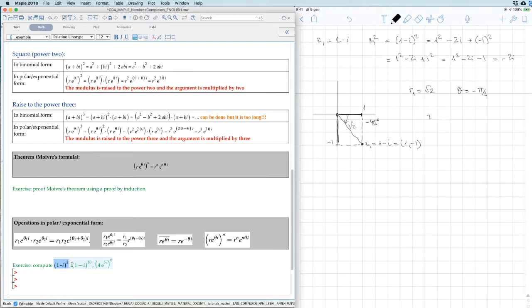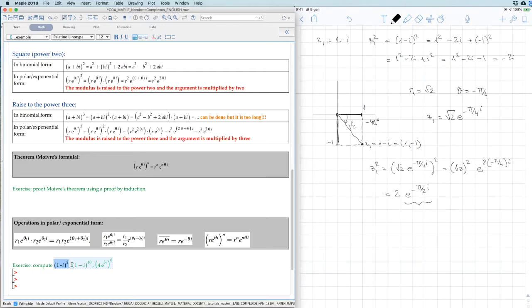So z1 is going to be square root of 2 e to the power minus pi over 4 i. Once we know this, z1 squared is going to be (square root of 2 e to the minus pi over 4 i) squared. We raise the modulus to the power 2 and we multiply the argument by 2. Okay? So this is going to be 2 e to the power minus pi over 2 i. Now let's see if this is the same.